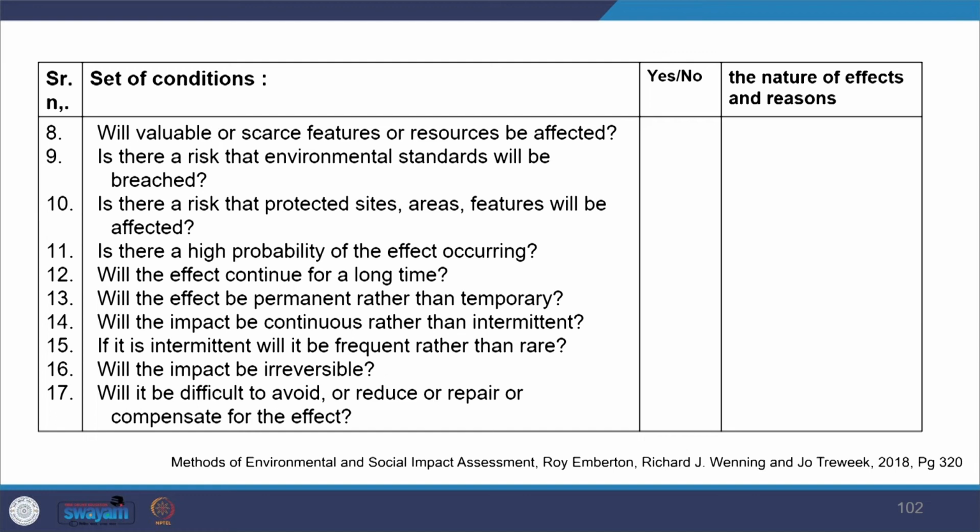Is it difficult to avoid, reduce, repair, or compensate for the effect? So what kind of compensation is happening? For each yes, one needs to answer, and the nature of the effect and the reason for it has to be given. Based on these, the judgment is made on its significance. This was one example of how significance is done.